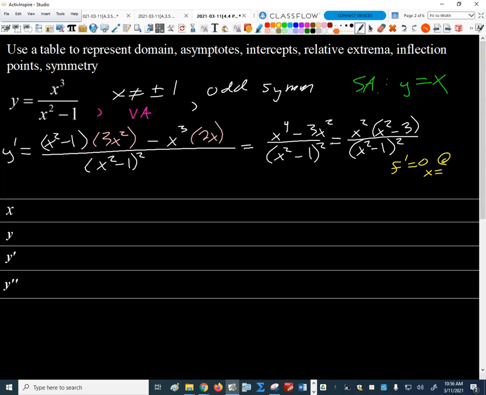Where's our first derivative equal to 0? Okay, good, good. So we got x equals 0 or plus or minus the square root of 3, right? From this factor, and then I get 0 from that factor. Okay, good.